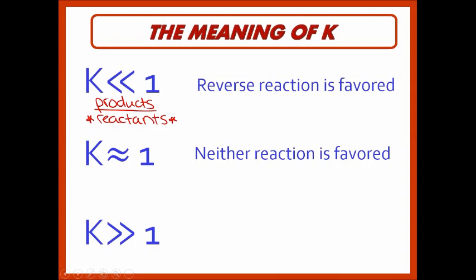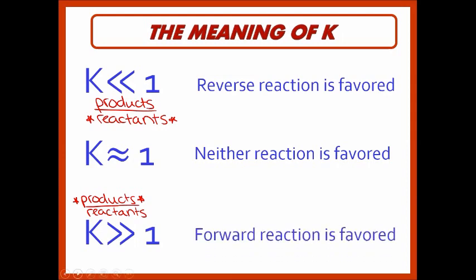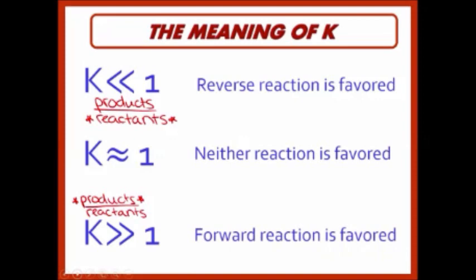And finally, if we consider a situation where K is much greater than 1, this indicates that the numerator is going to be larger than the denominator. Remember, since this is a ratio of products over reactants, this means that the concentration of the products at equilibrium is much greater than the concentration of the reactants at equilibrium. Therefore, the formation of the products is going to be favored through the forward reaction.